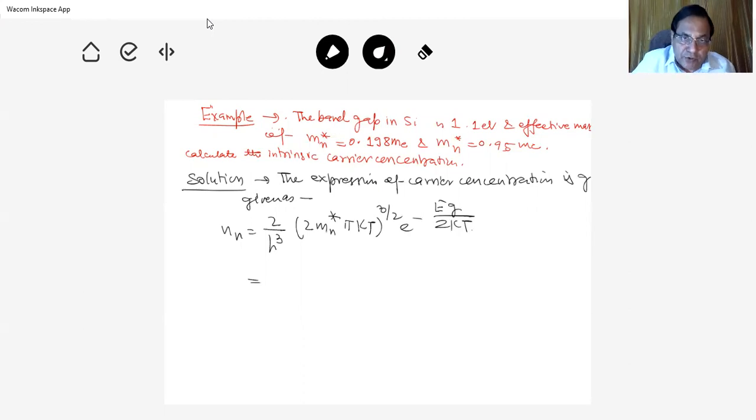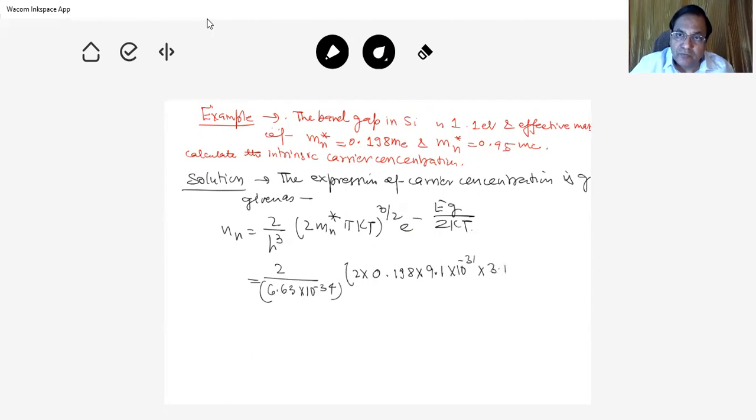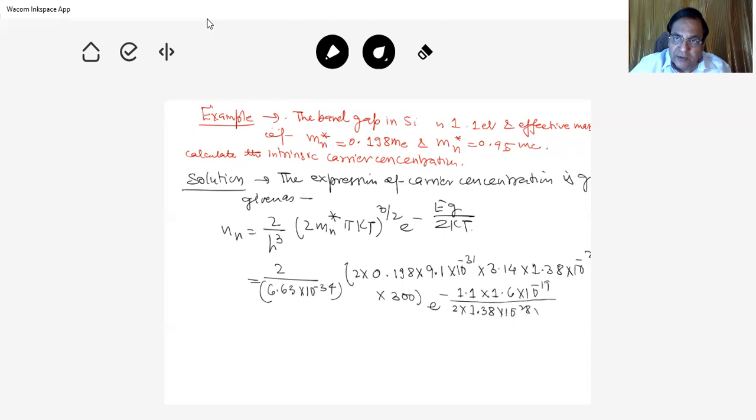So by substituting the values: 2 upon 6.63 into 10 to the power minus 34, into 2 into 0.198 into 9.1 into 10 to the power minus 31 kg into 3.14 into 1.38 into 10 to the power minus 28 into 300 Kelvin, that is room temperature, exponential minus 1.1 electron volt, that is 1.6 into 10 to the power minus 19, divided by 2 into 1.38 into 10 to the power minus 28 into 300.